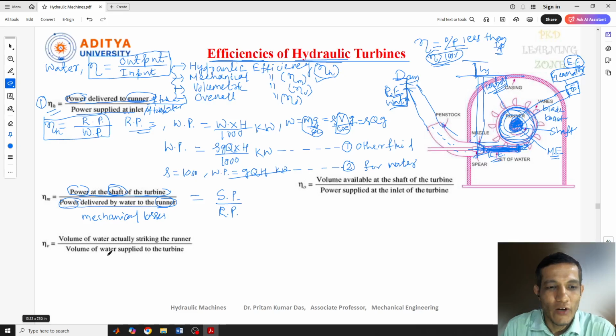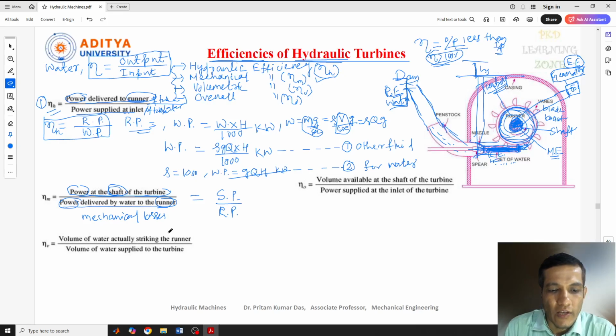Because see, the volume of water supplied to the turbine is how much volume of water is coming from here, and how much is actually going to strike here. Some of the water may be discharged to the tail race, so there is some difference.